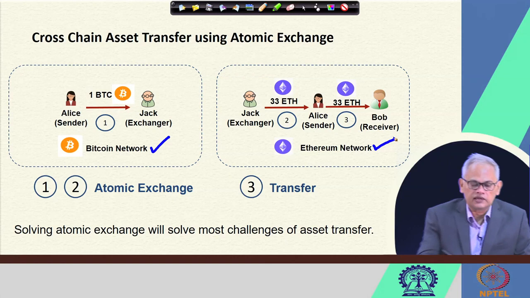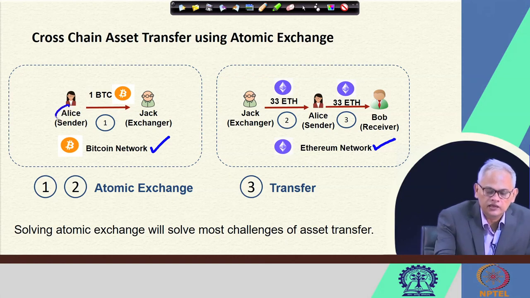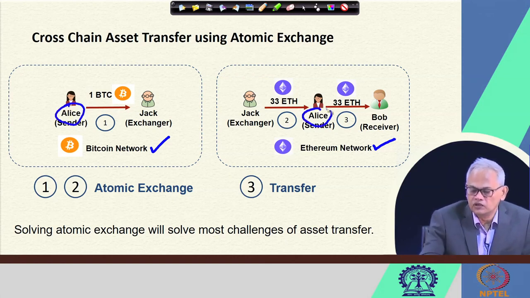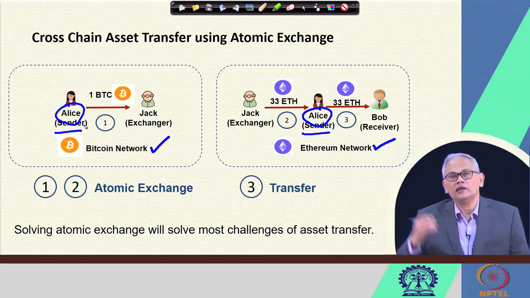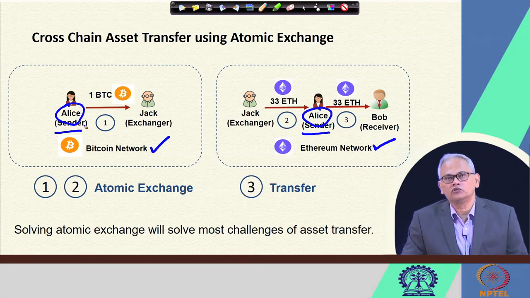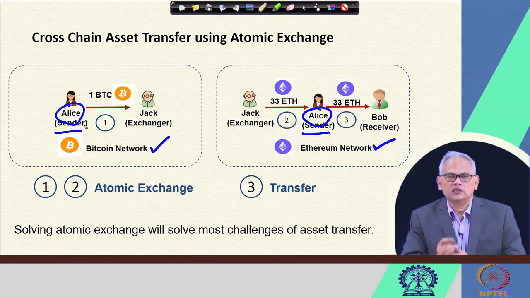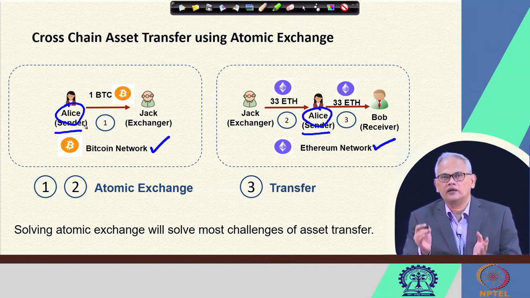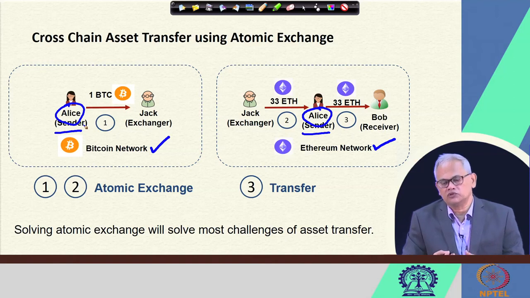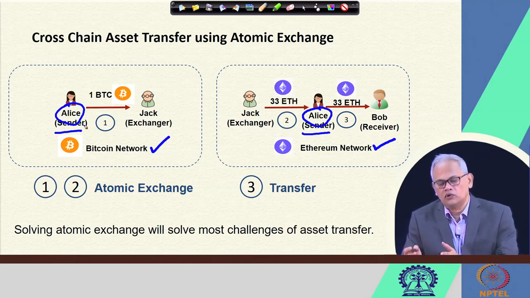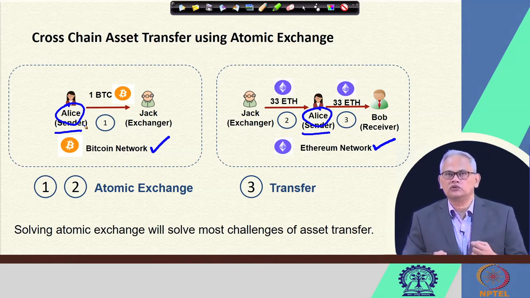So, if you look at this, Alice on this side is the sender as is written here, and then finally it will be transferred to Bob. So, these 33 ethers indeed would be going to Bob, but for that what we are doing is that Alice is using an exchanger Jack, and this amount of one Bitcoin is first going to Jack in this Bitcoin network, and at the same time it is going from Jack to Alice the equivalent amount of 33 ethers.